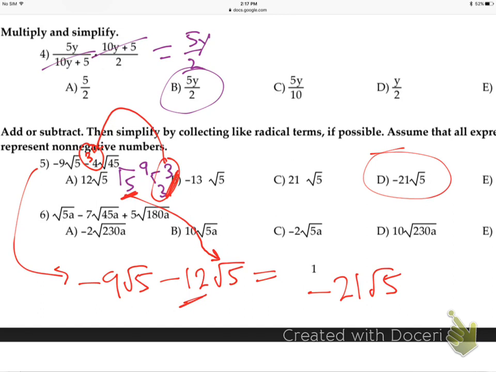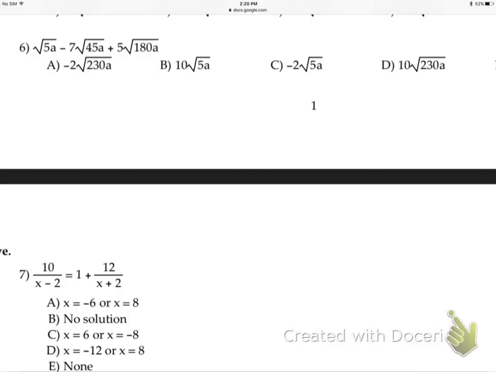Is that okay? Questions? No? All well? Let's see. Number 6. Okay, so first term is root of 5a. Next term, that 45, I'm going to have to break that down, huh?